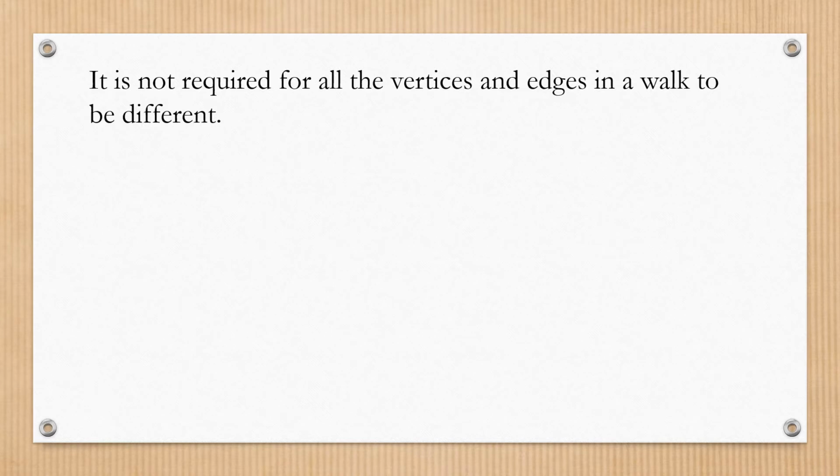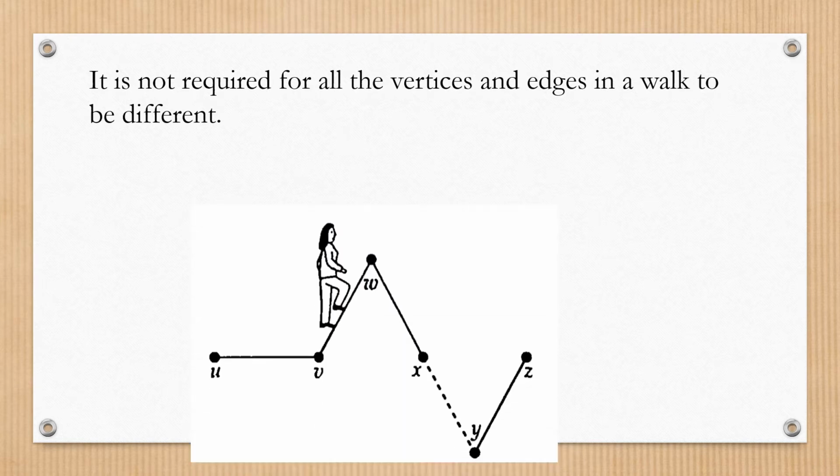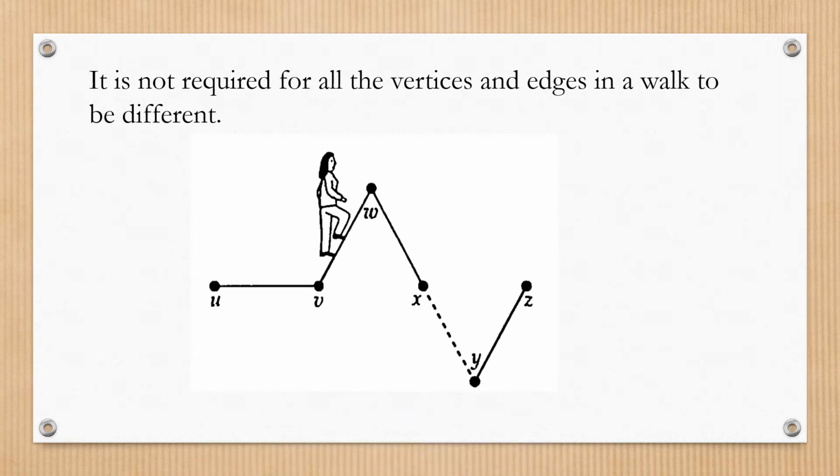Now, it is not required for all the vertices and edges in a walk to be different. A while ago, we walked from U to Z, so we walked U, V, W, X, Y, Z. If you have observed, when we walked from vertex U to vertex Z, we did not use any of the vertices and edges twice.